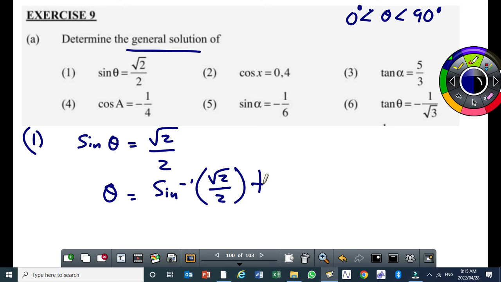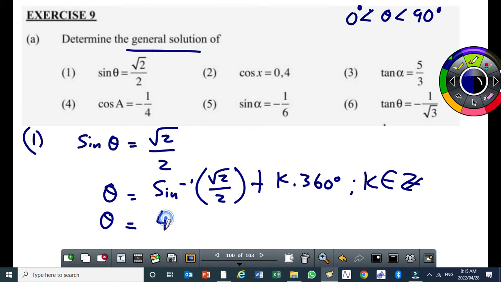So this will be plus k times 360 degrees, because we can go clockwise or anti-clockwise to get many solutions, where k is an integer. So the first general solution for sine will be theta equal to 45 degrees plus k times 360 degrees, where k is an integer.